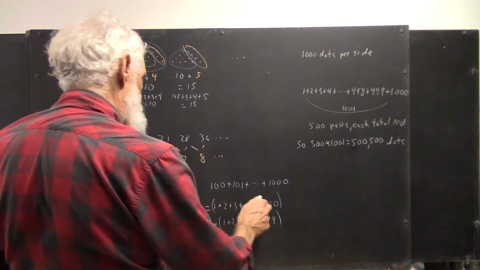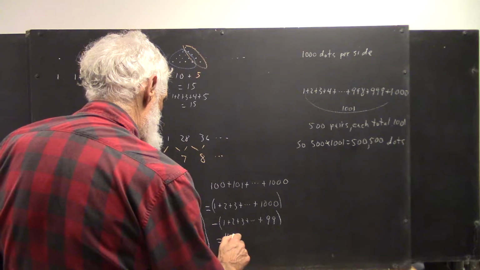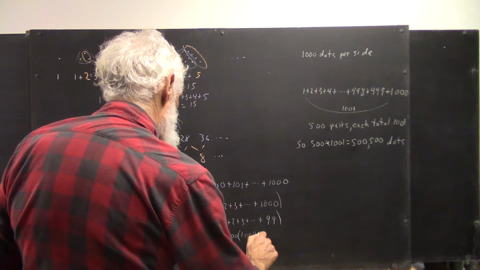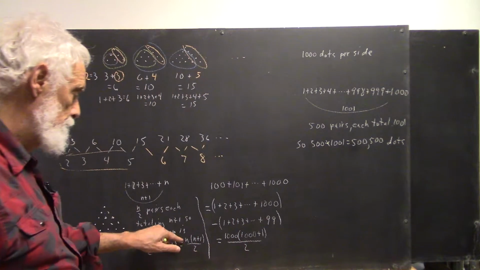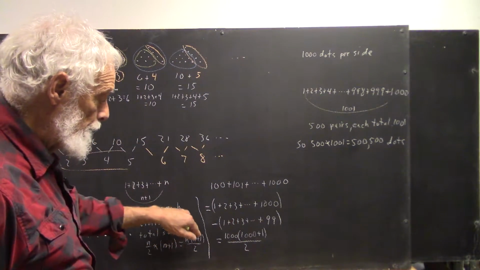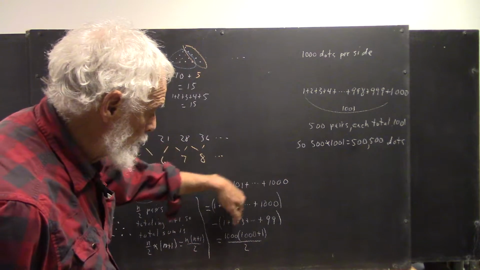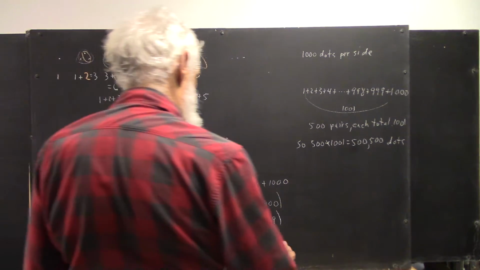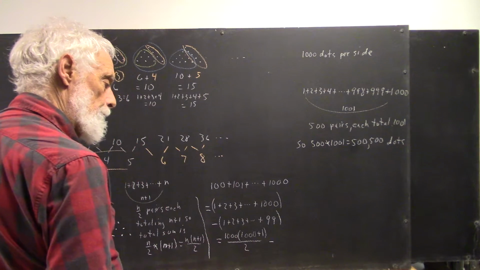the numbers from 1 to 1,000 is a total up to 1,000 times 1,000 plus 1 over 2 by this formula. If we go from 1 up to n, we have n times n plus 1 over 2. So if we go from 1 to 1,000, we have 1,000 times 1,000 plus 1 over 2. But then we have to subtract the numbers from here to here.